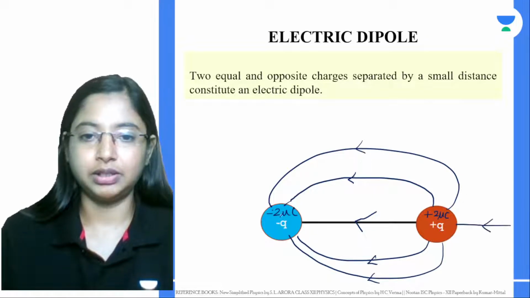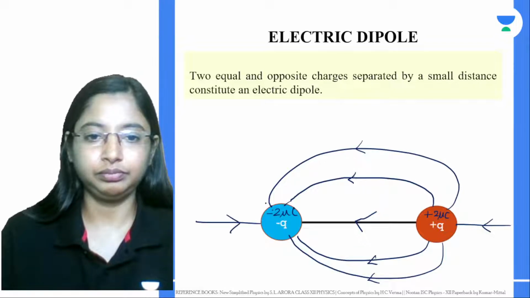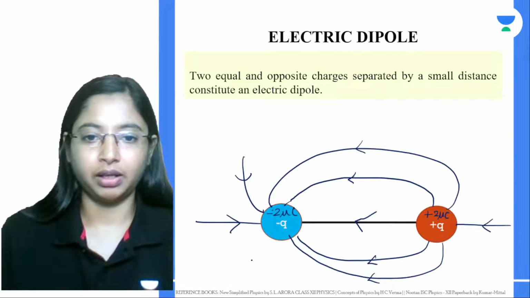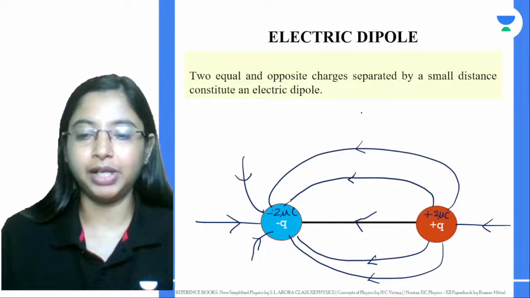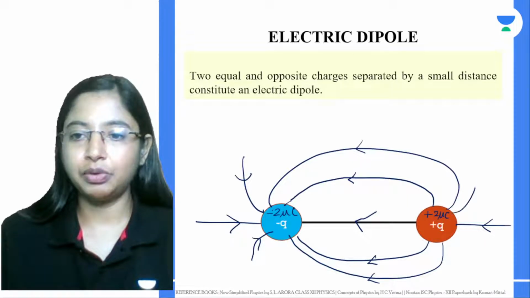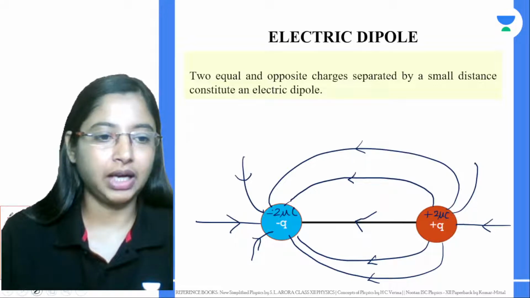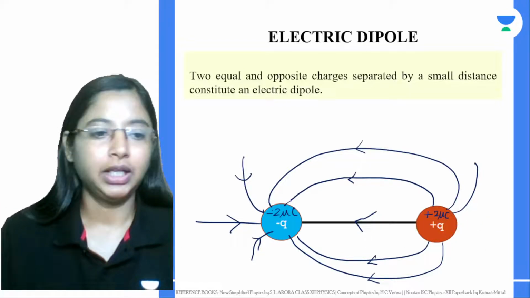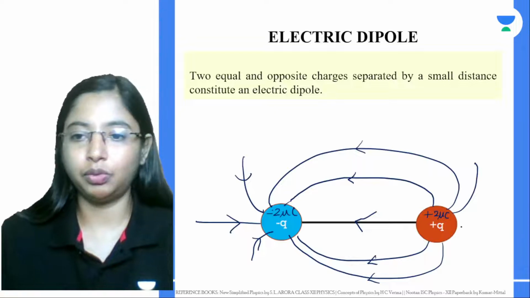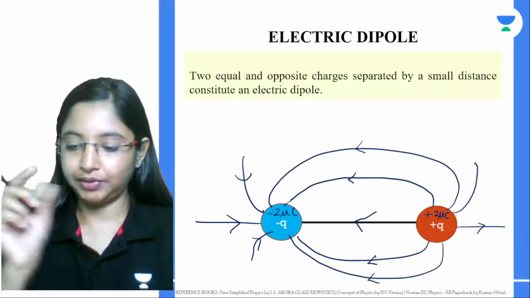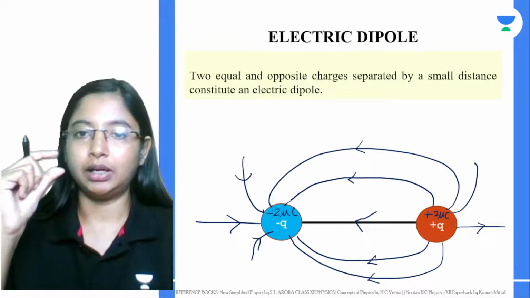Alright, so this is about your electric dipole. Electric dipoles are a very interesting phenomenon to study simply because they exist in nature. If you look at the water molecule, you have two hydrogens and one oxygen.